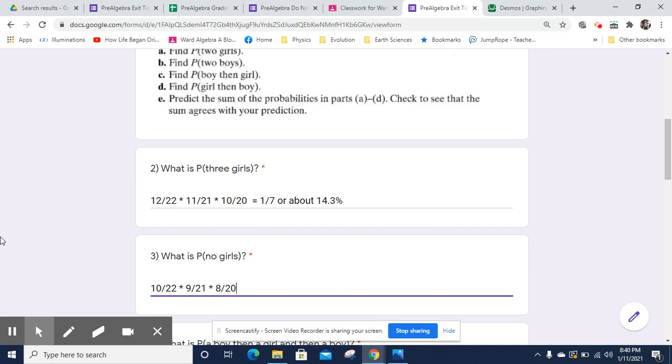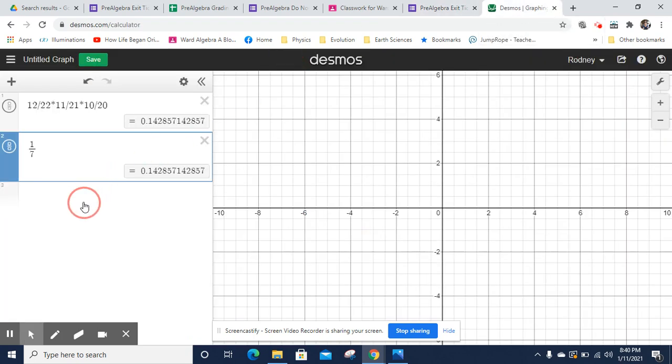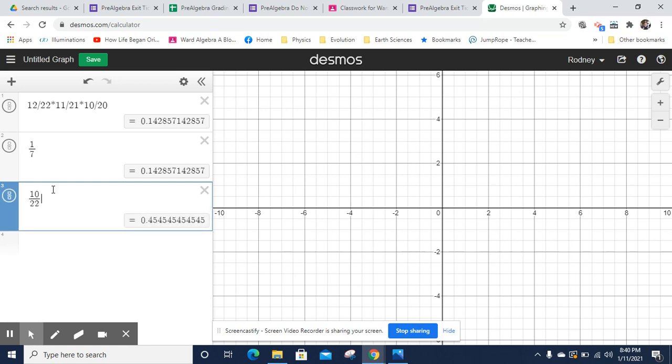And so we calculate this the same way. So I'm going to organize that in Desmos: 10 over 22 times 9 out of 21 times 8 out of 20.